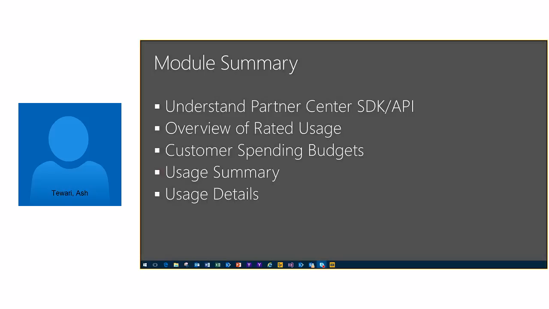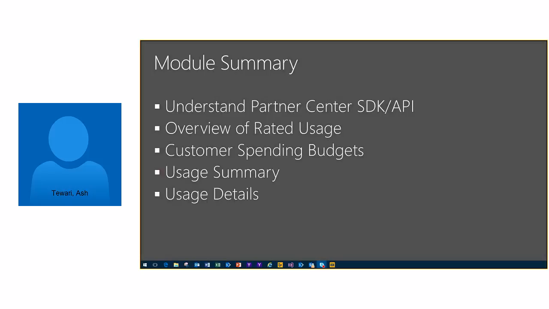So I just want to clarify: if I get daily usage summary data for a subscription using the Partner Center SDK today, is it reported based on the reported date time or the usage date time? Because I did not really understand the answer earlier.